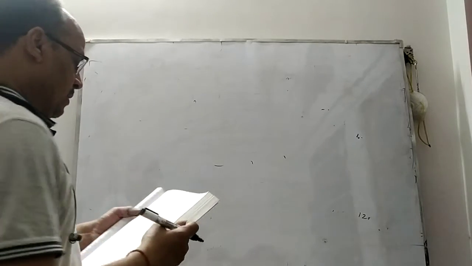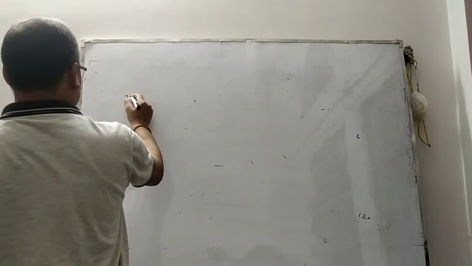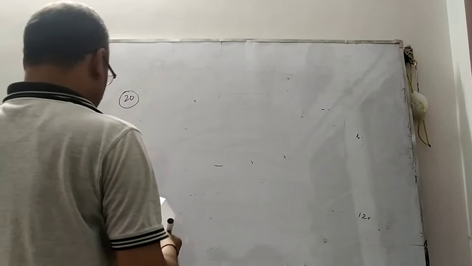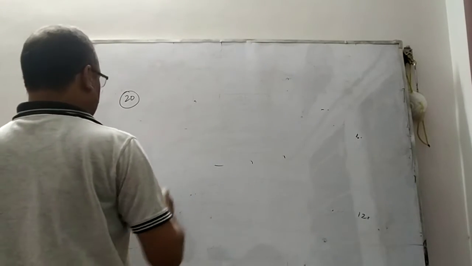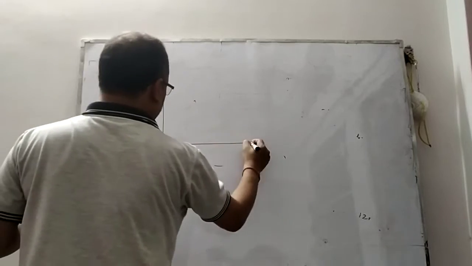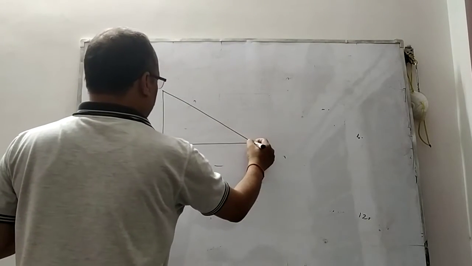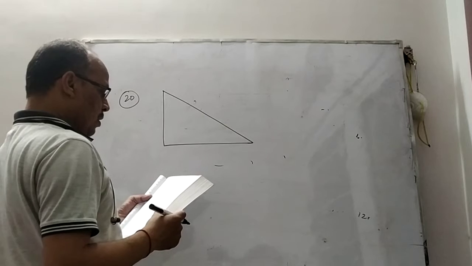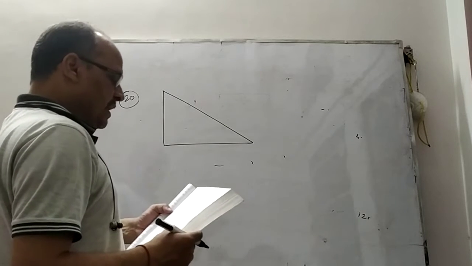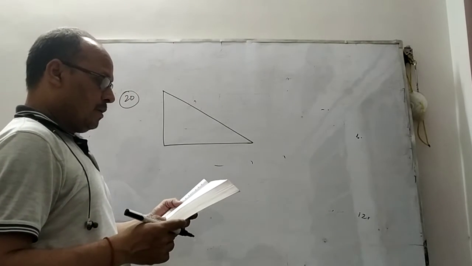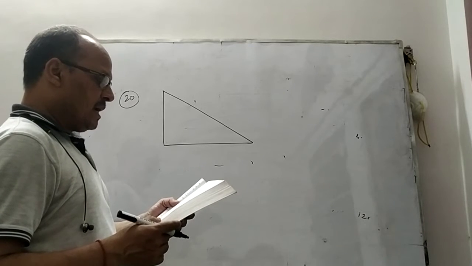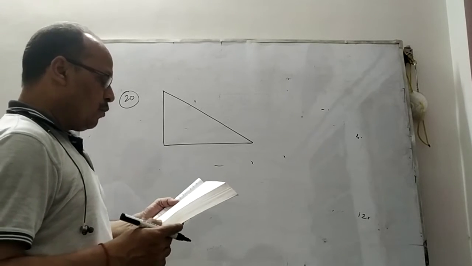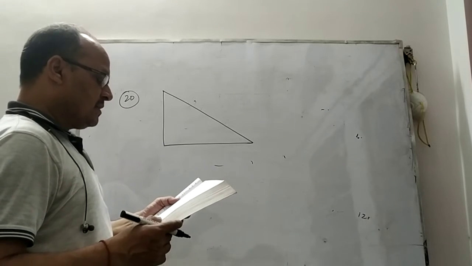You will see question number 20. The hypotenuse of a grassy land in the shape of a right angle triangle is given. This is the grassy land. The hypotenuse is 1 meter more than twice the shorter side.